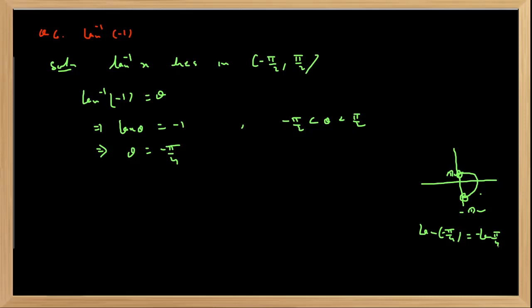Tan of minus theta is minus tan theta. So theta is minus pi by 4, which means tan inverse of minus 1 is minus pi by 4.